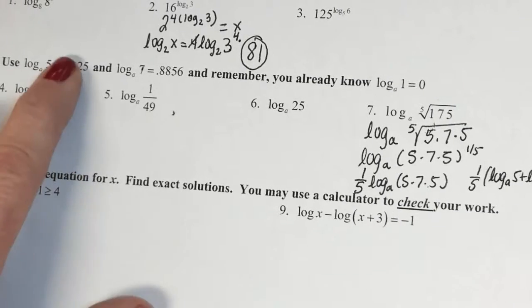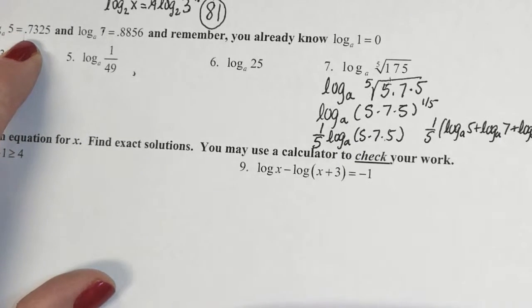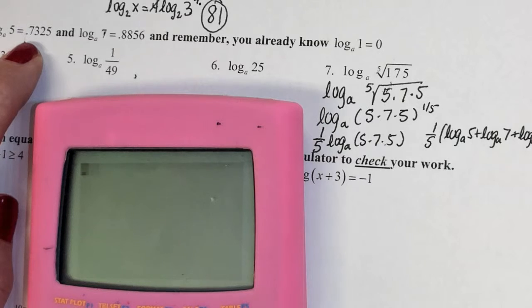And now I just look back up here and see what those are. There's my log base A of 5, so I'm going to type that in. So I'm going to have 0.7325 plus 0.8856 plus 0.7325.